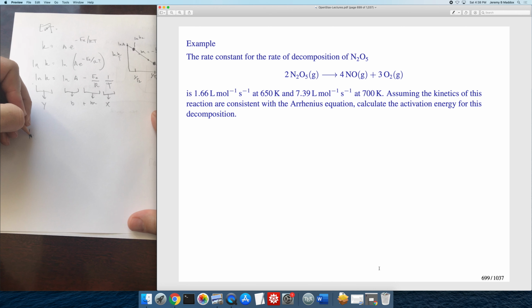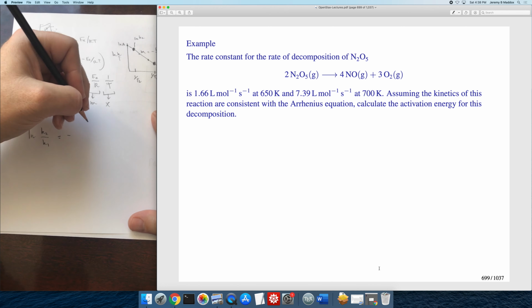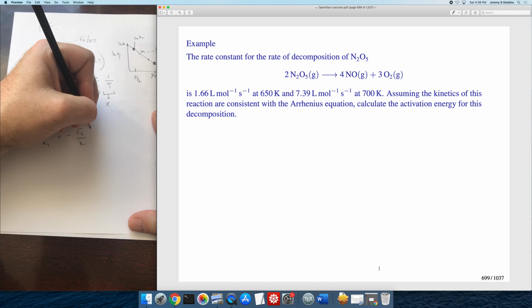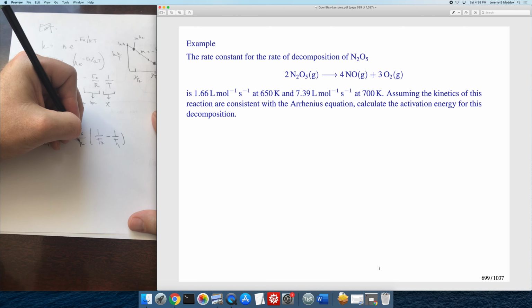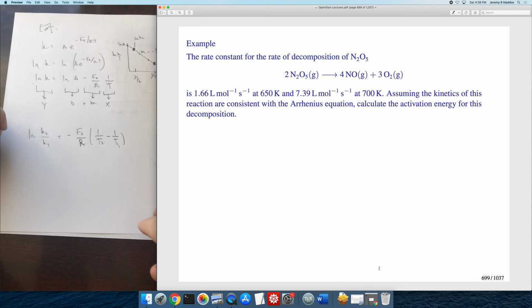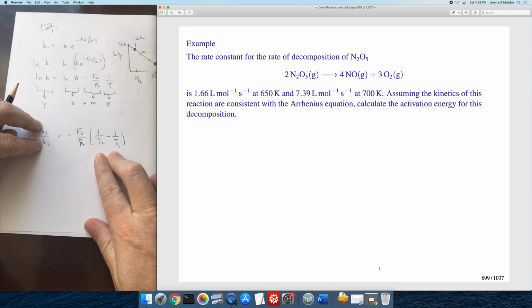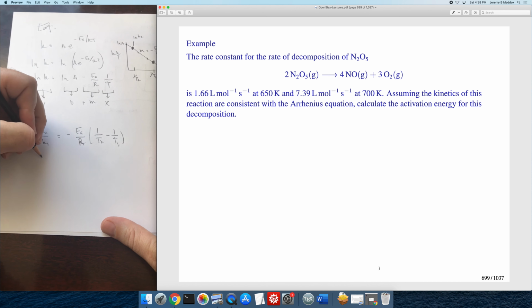So here we've got the two-point Arrhenius equation. Here, that's the gas constant. We know the 2 temperatures, we know the 2 rate constants. They want us to find the activation energy, so we need to rearrange it.